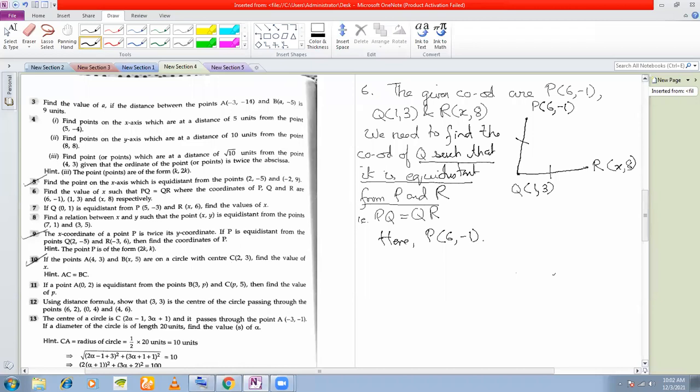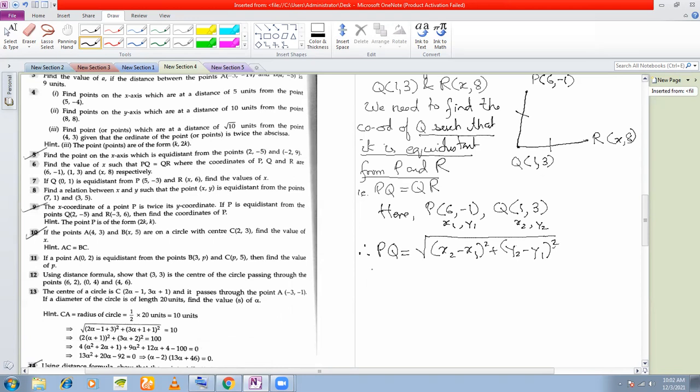PQ is equal to, applying the distance formula, the square root of (x2 minus x1) whole square plus (y2 minus y1) whole square. Now this one is your x1, this one is your y1, this is your x2, this is your y2. Okay, put the values here.